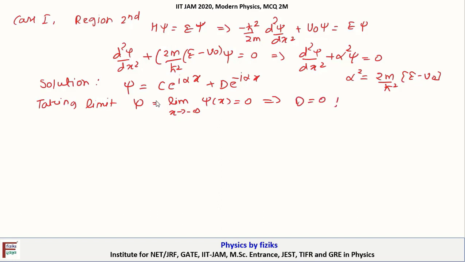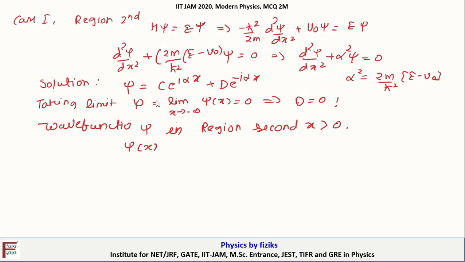That means the wave function psi in the second region, x greater than 0, is psi of x equals C e to the power i alpha x.